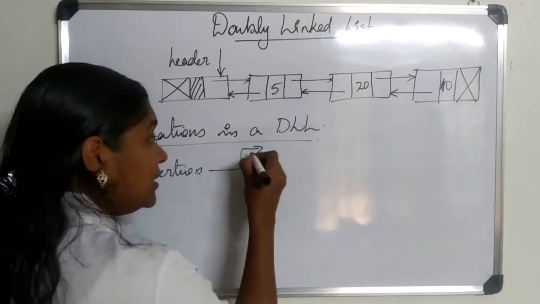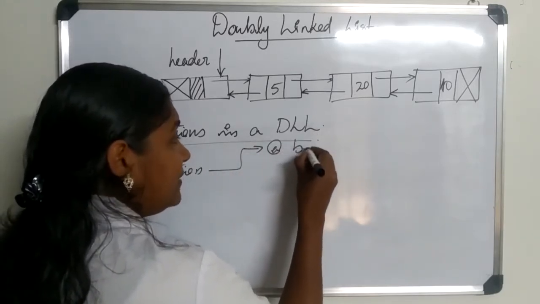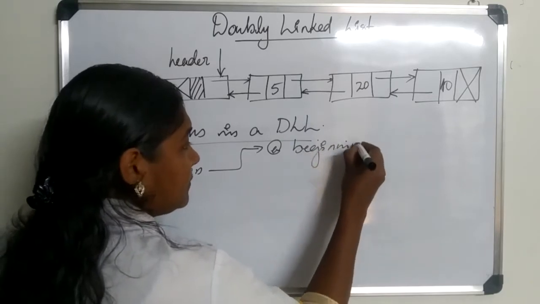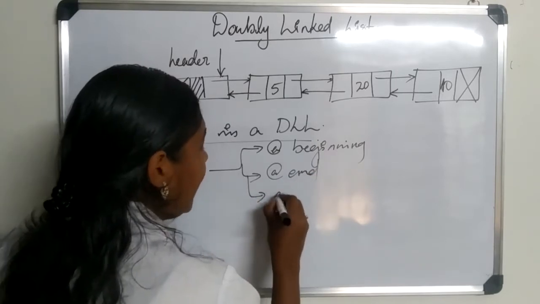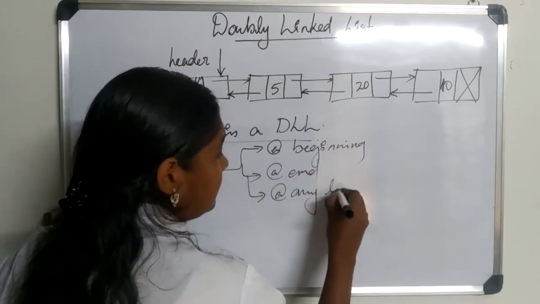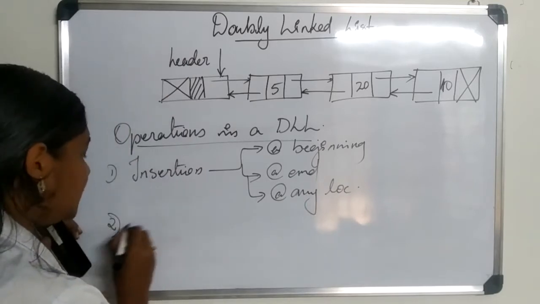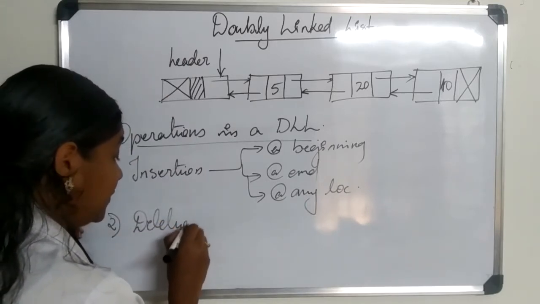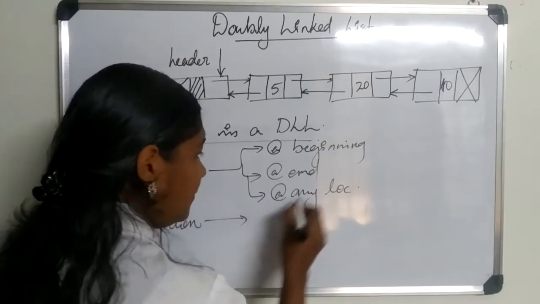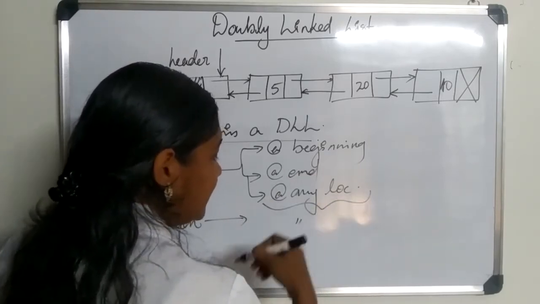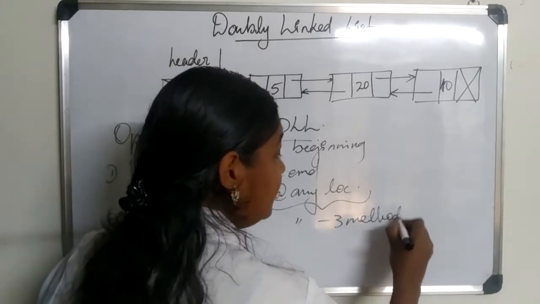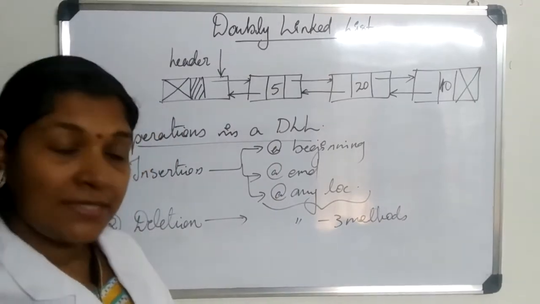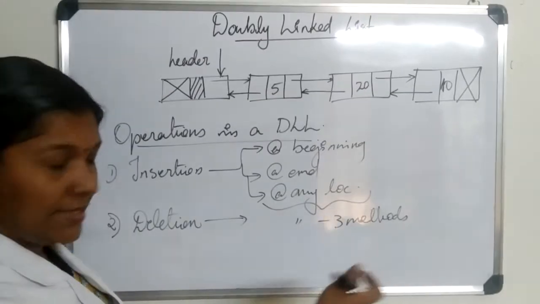So again in insertion, 3 cases are there: at beginning, then at end, then at any location. Then the second operation is our deletion of a node. So for this operation also, all these 3 methods are possible: deletion of elements from beginning, from end, and from any location by specifying the key element.